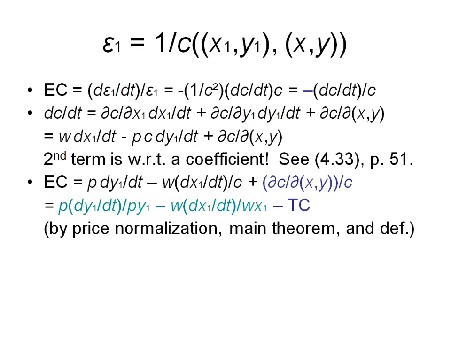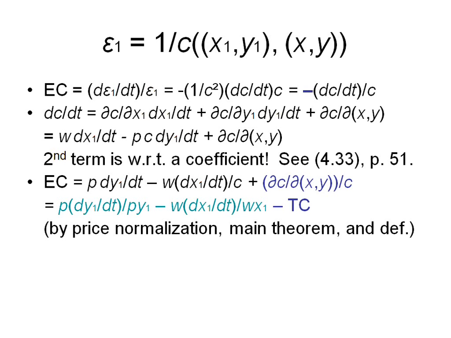And on the left-hand side, I take relative derivatives or elasticities if you want to. So on the left-hand side I get efficiency change as a growth rate. It's the derivative of epsilon 1 divided by epsilon 1 itself. On the right-hand side I get the derivative of 1 over c, which is minus 1 over c squared.